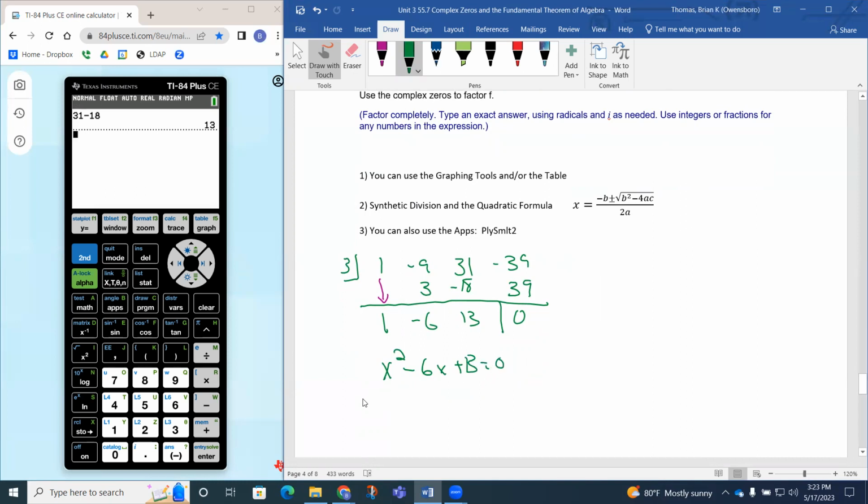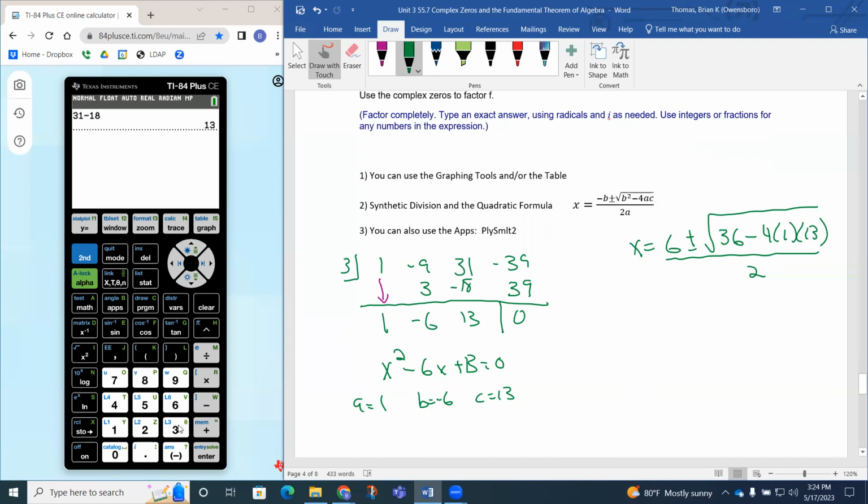So if we want to solve this using the quadratic formula, we can find the remaining zeros. A equals 1, B equals -6, and C equals 13. So we have x equals the opposite of -6, which is 6, plus or minus the square root of -6 squared, which is 36, minus 4 times A, which is 1, times C, which is 13, all over 2A, or 2 times 1, which is 2. 4 times 13 is 52. 36 minus 52 would be -16.